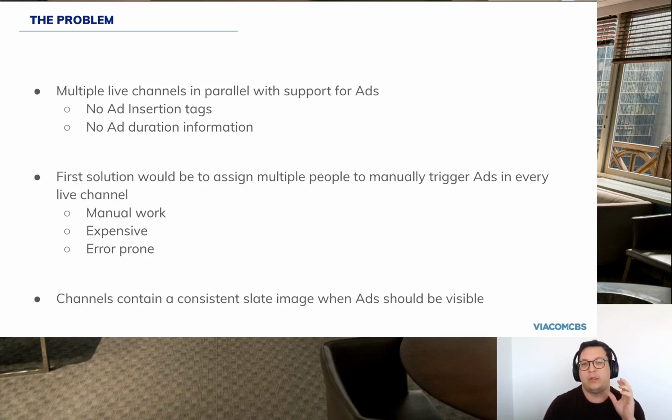In Propeller there is a button there: if you create a channel that supports ads, you can just go there and press "trigger ad now," and then the ad is going to start playing in the stream. But as you can imagine, this is a lot of manual work, it's expensive, and it's error prone. People can forget or miss when they should press to trigger the ad.